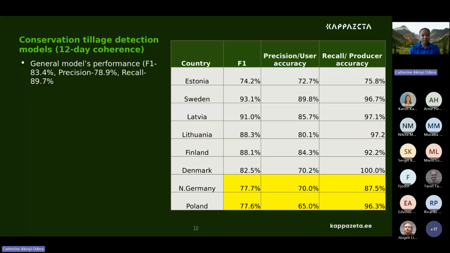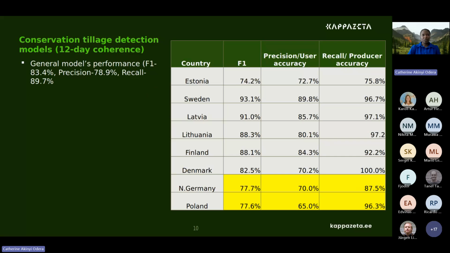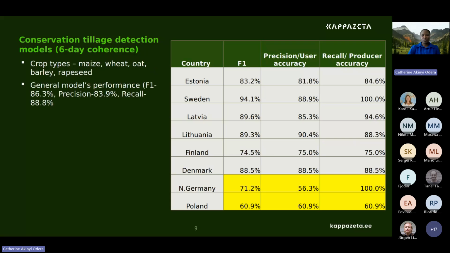And so we come to the next section, which is the conservation tillage detection model for the 12-day coherence. If you compare the performance for the 6-day and the 12-day coherence, the performance was a bit low, and that is expected because now we are dealing with 12-day coherence, and this is 6-day coherence.